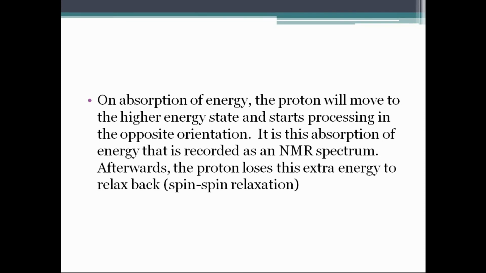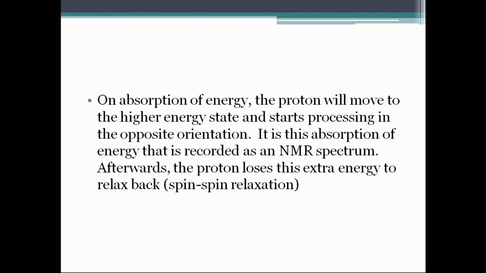Fourth condition: normally the protons or nuclei occupy the lower energy level. Then higher energy levels can be achieved by absorption of the radio wave, and once they absorb energy they have to flip their orientation to get into the higher energy state.